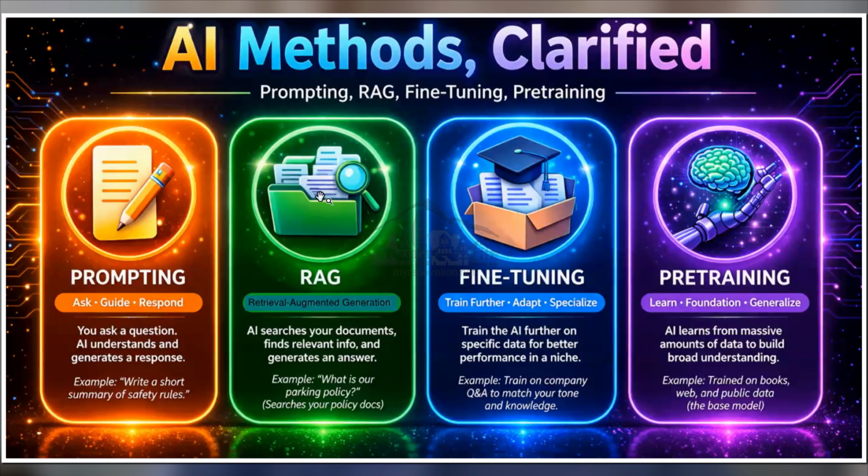The AI will go through the document that you provided, search it, and provide you with the answer based on the document that you already shared with the AI. And remember what I said: shared with the AI. That's why this is a very, very important method.